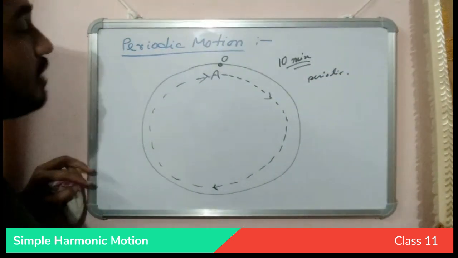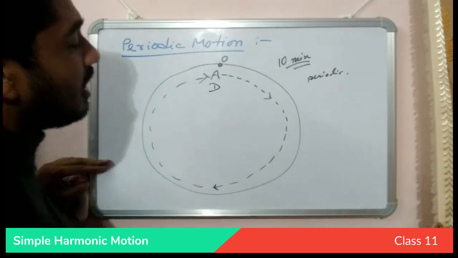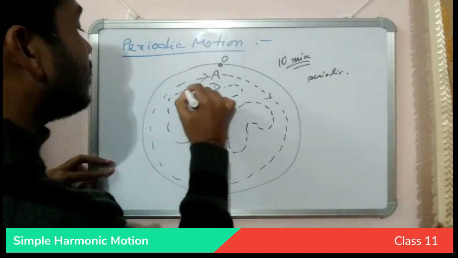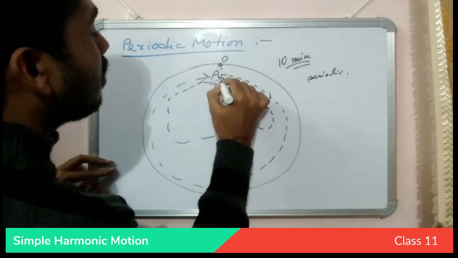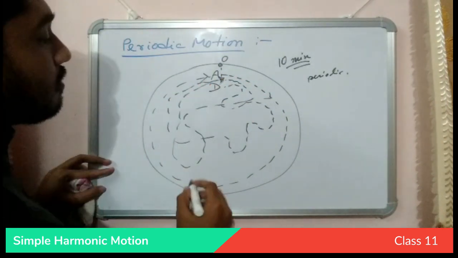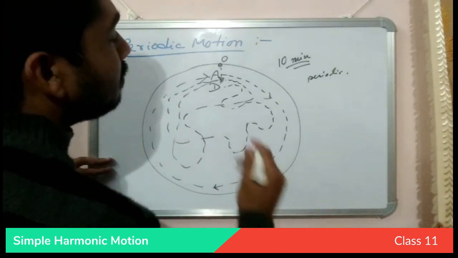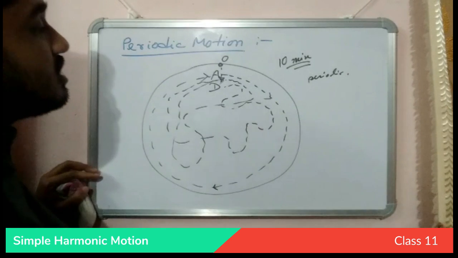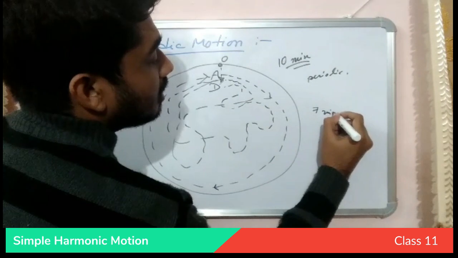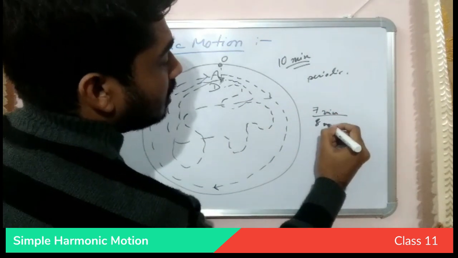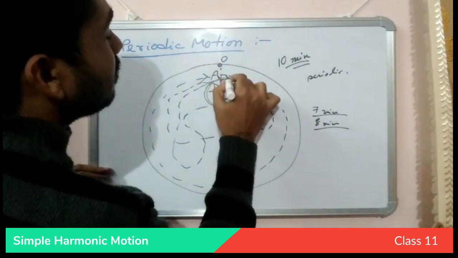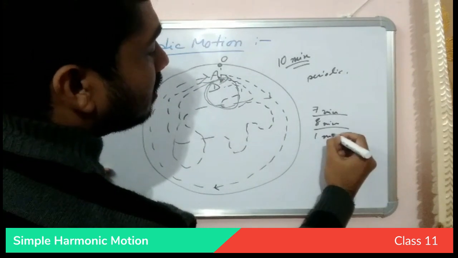But suppose the runner has a pet dog D and it runs here and there like this in the open field, and sometimes it reaches O and again moves like this and then reaches O again. But the time interval between two successive reachings at point O, the first time may be 7 minutes, the second time it could be 8 minutes, and again it could run and create a round shape and reach O in just 1 minute.